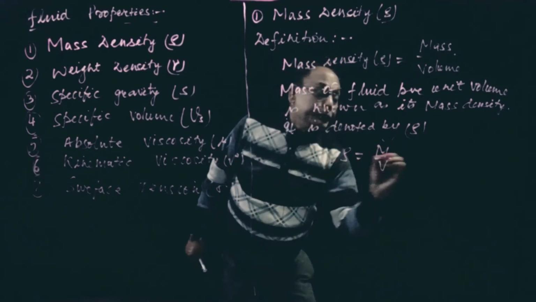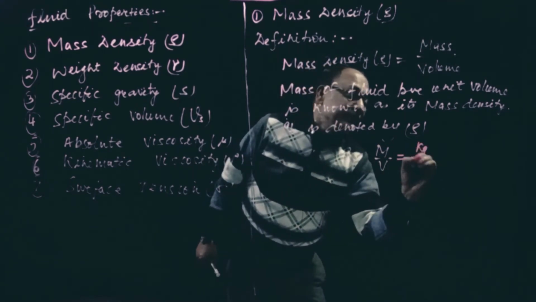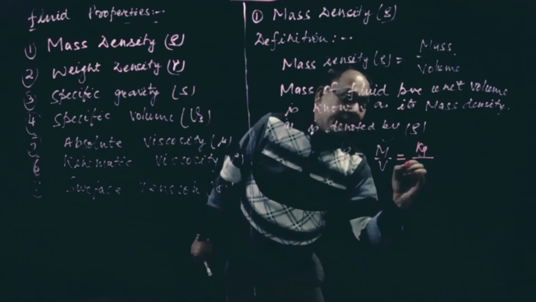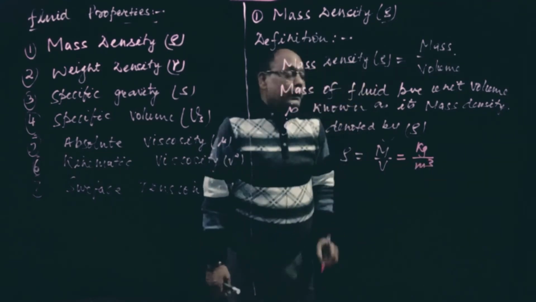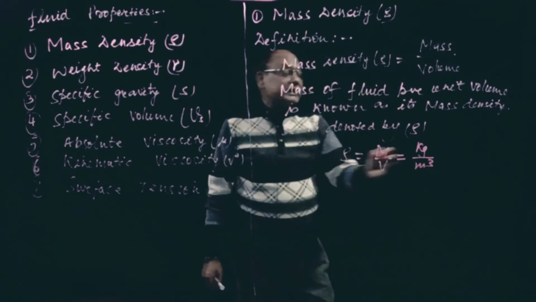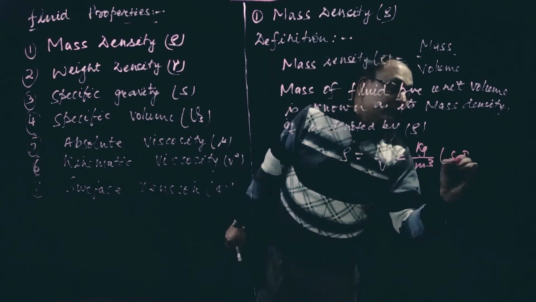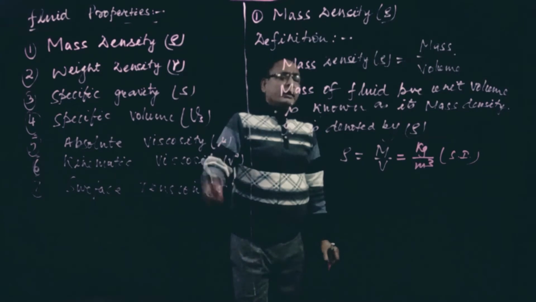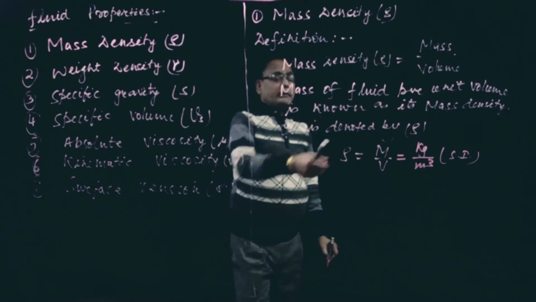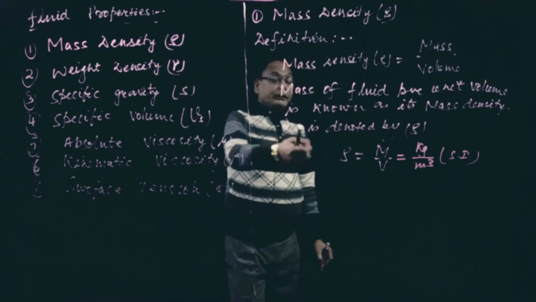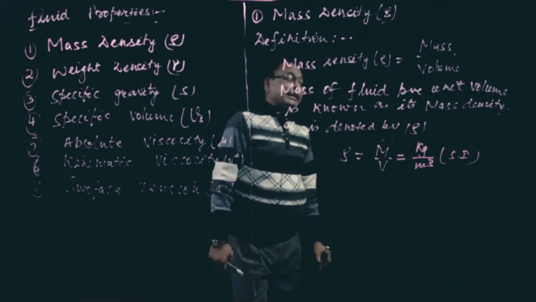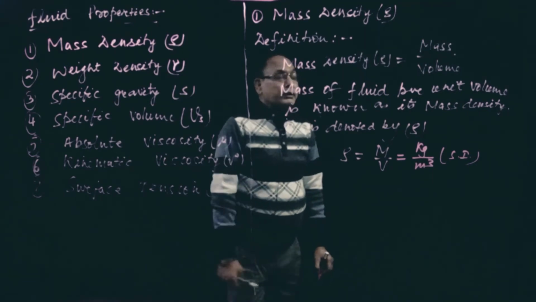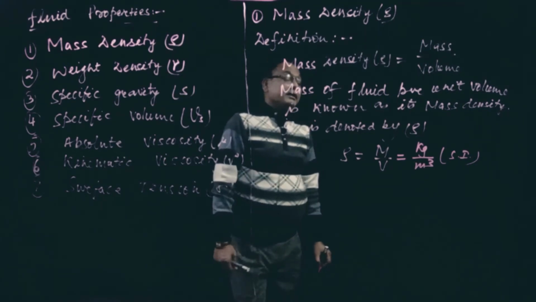Unit-wise, mass is in kg and volume is in meter cube. Remember, this is in SI units. We have to discuss only in SI units. That's why I am not giving you the unit of rho in MKS units, where mass will be metric slug per meter cube.